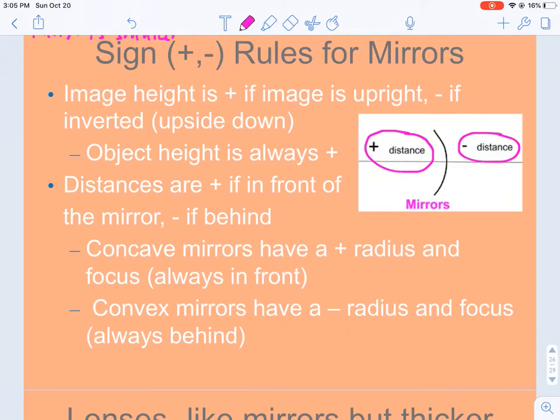So a convex mirror, for example, is always going to have negative numbers. Radius is a fancy way of saying mirror center. So a convex mirror is going to have a negative center and a negative focus because it's behind the mirror, right? It's like this.